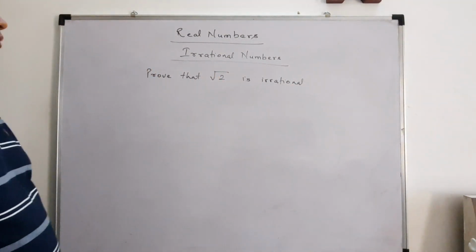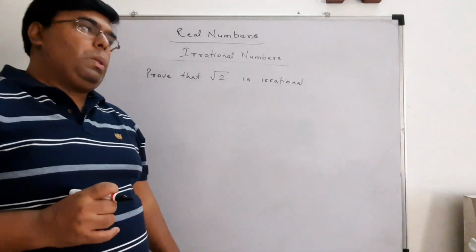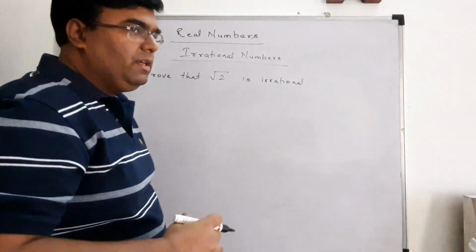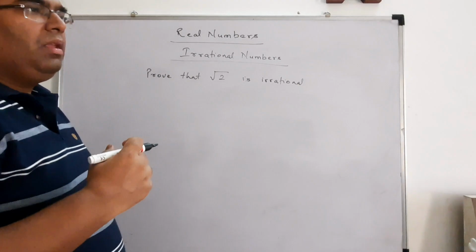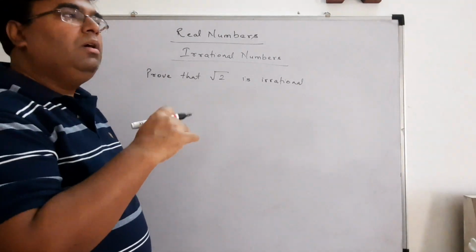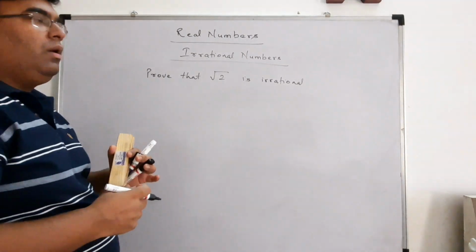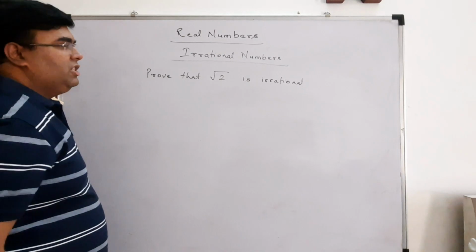Prove that the square root of 2 is irrational. This proof is basically one where we take one assumption and prove that assumption wrong. This is called proof by contradiction, known as the contradiction method.